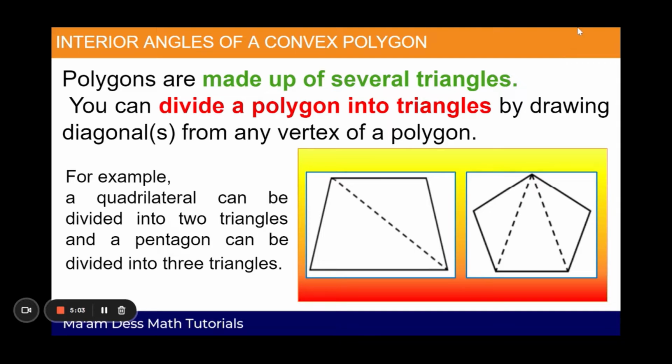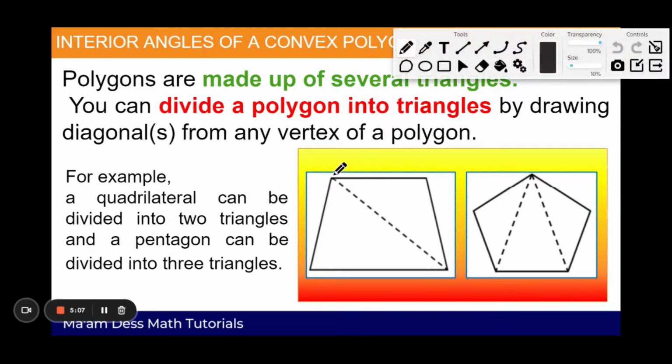So look at this figure. Okay, so this one, from a fixed vertex, we draw diagonals. Okay, so one diagonal for quadrilateral. For the next figure, which is pentagon, we draw two diagonals, and therefore it forms three triangles.